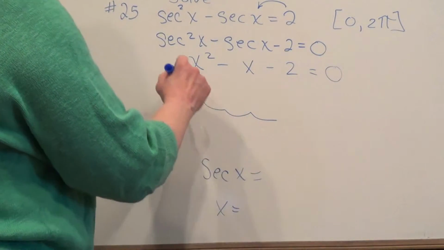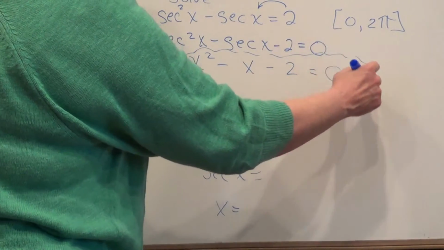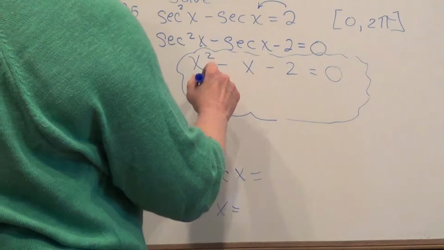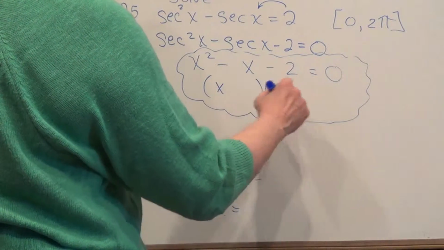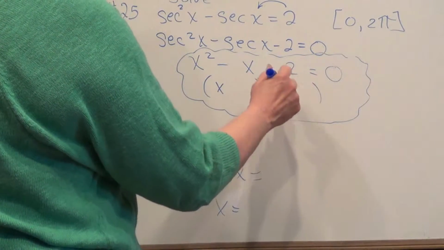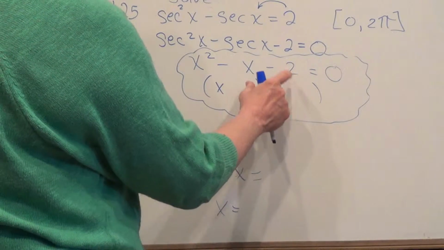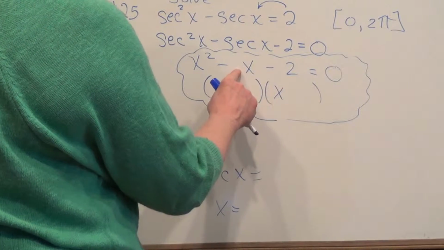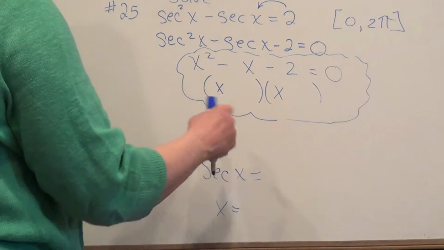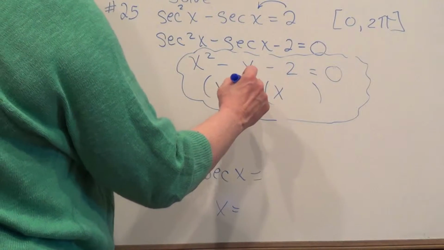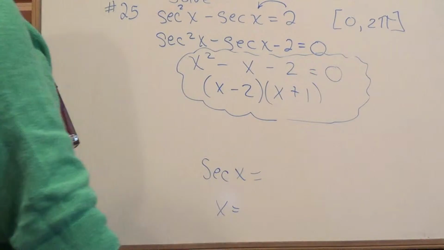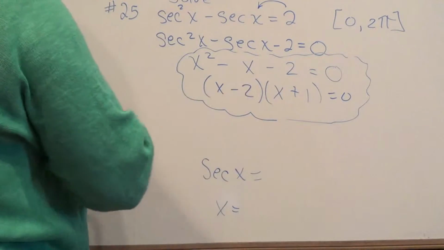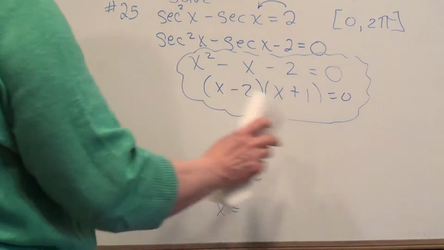You'll recall that this factors where the first times the first gives you x squared, the last times the last will multiply to give you minus 2, but add to give you minus 1. So in this case, it's going to have to be a minus 2 and a plus 1, and that's how it's factored. And then we would set those individual factors equal to 0 and solve.